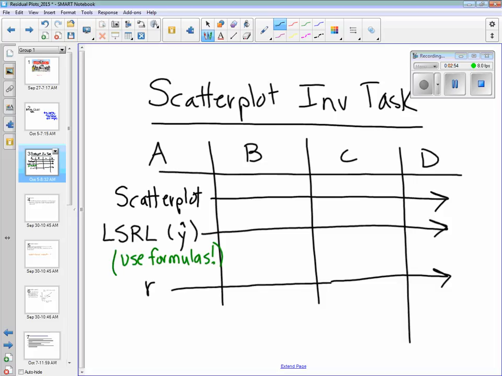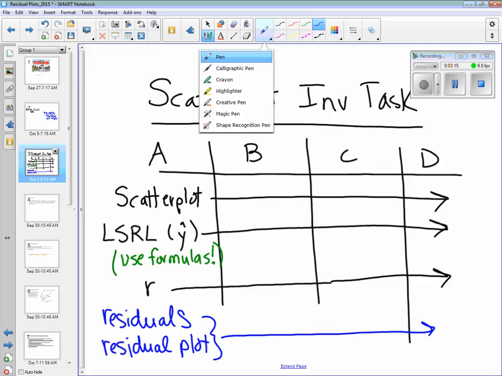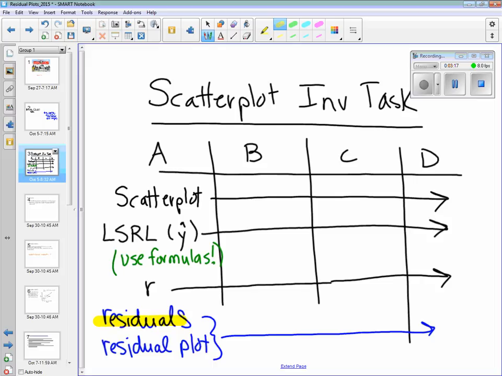The things that we don't know how to do yet, and we're going to start the conversation today, is that you're going to calculate each of the residuals. And we're going to talk about what that means today. So this is new, and you're going to actually create a residual plot. Again, these are the 2 new things that you don't know how to do yet that we're going to start the conversation on today.